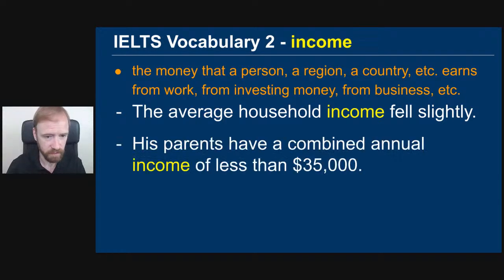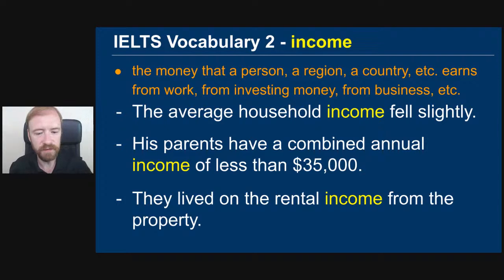All right, let's look at some more examples. His parents have a combined annual income of less than $35,000. Okay, so good expression. Combined. We're talking of parents, two people, combined annual, good word to use, annual income of less than $35,000.